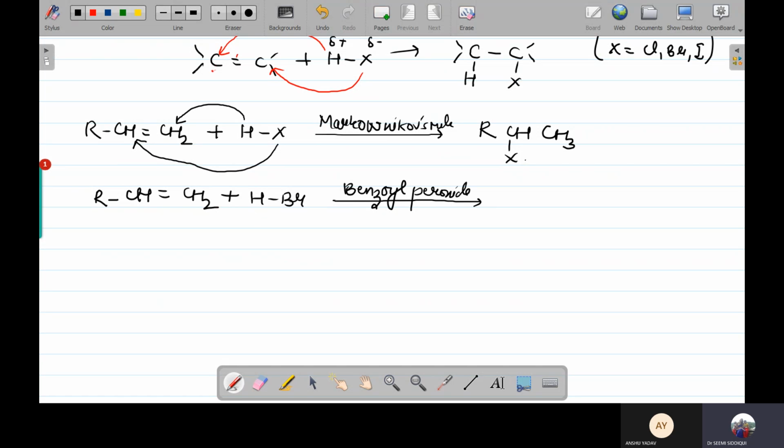Whenever we take HBr in the presence of benzoyl peroxide, Br is going to attach over here, and this hydrogen is going to attach over here, meaning this particular reaction is going to follow anti-Markovnikov.